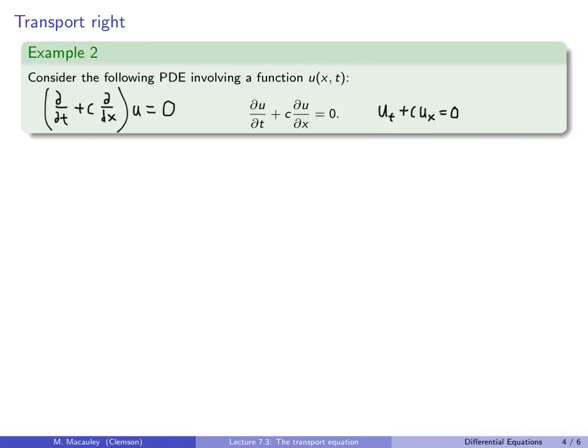So for example, just as an aside, y double prime plus t squared y equals 0 can be written as d squared dt squared plus t squared, and that is a differential operator.